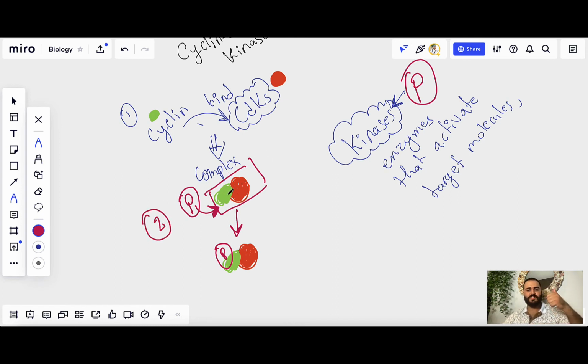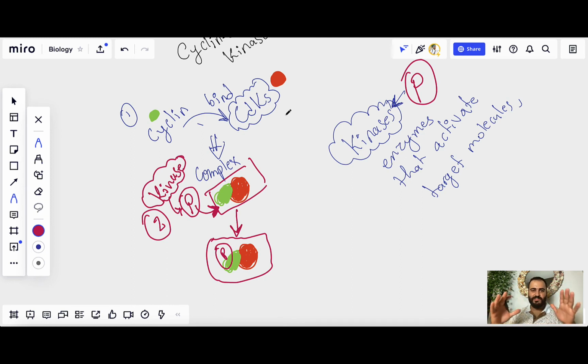So we have the cyclin CDK complex. Then we have an enzyme called kinase, which is donating a phosphate group to this complex. As a result, now we have 3 components: 1 phosphate, 1 cyclin, 1 CDK, cyclin dependent kinase together.